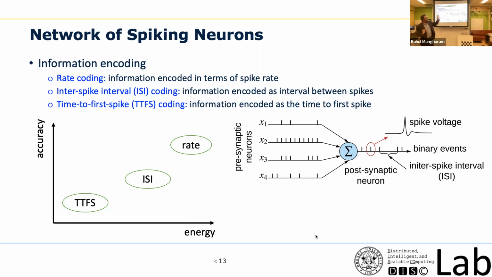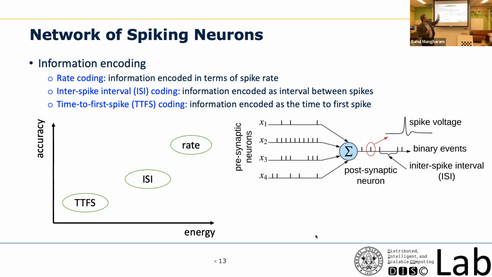Each pixel value can be converted to a spike rate, which becomes rate coding, or the spikes corresponding to a pixel value can have an interval between them that represents the value of the pixel. That becomes interspike interval.